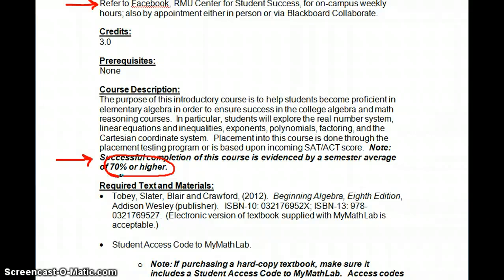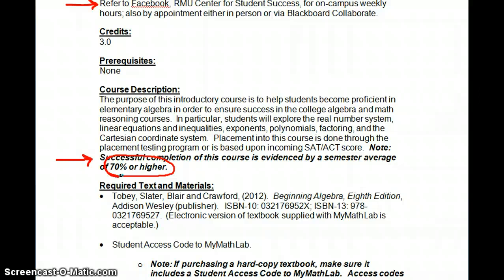So I'm going to need you to put your best foot forward and do your absolute best on every single assignment, test, quiz, and discussion board over the next 8 weeks in order to get that 70%, 80%, 90% so that you can test out of this course and move on to another class.